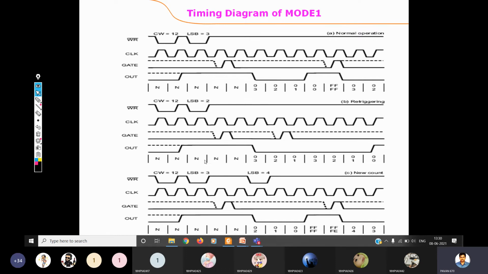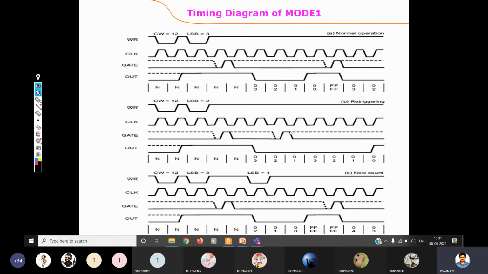Sorry, a new trigger occurred. A new triggering is trying to occur here, before the current value gets completed. Another time the gate is triggered with one cycle duration, one clock pulse duration.